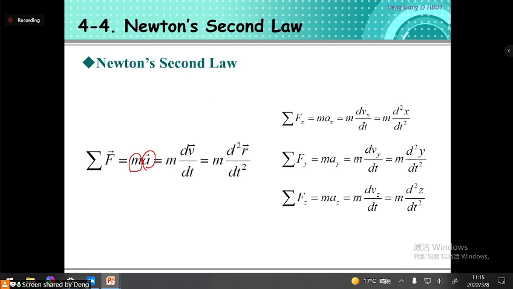And now we do not use this to help us to measure the force. Usually we use a spring to measure the force. And if we can measure the force, this F equals ma can help us to measure the mass. So why do we need to use this equation to measure the mass?